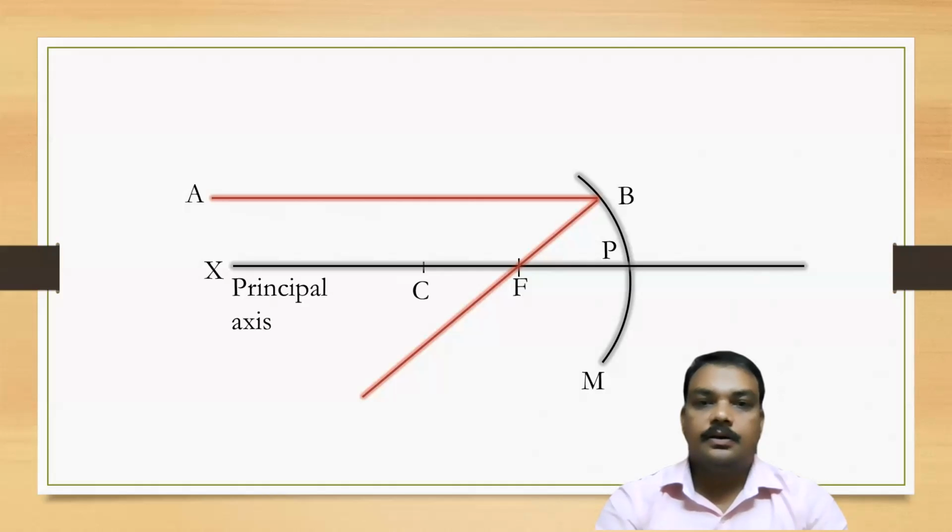Let AB be the incident ray. After reflection, it passes through the principal focus of the mirror.